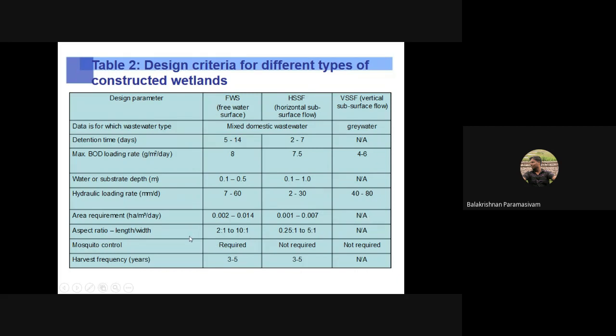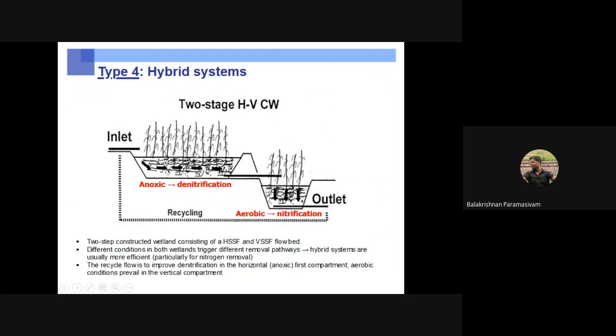Then the major problem for this constructed wetland is the mosquito. Since here the water is freely flowing, we need to provide a mosquito control arrangement. But in case of horizontal and vertical direction, water is flowing beneath the filtration system, so there won't be the growth of any mosquito.